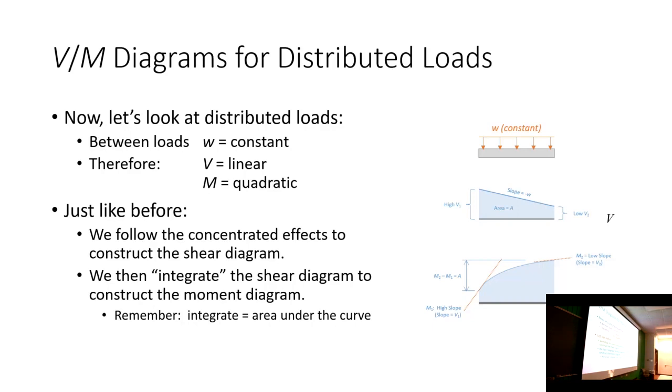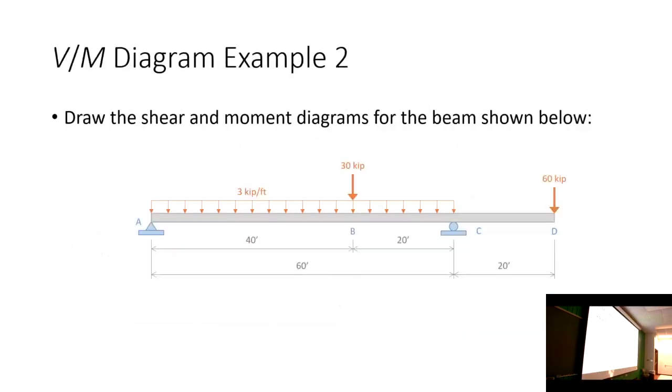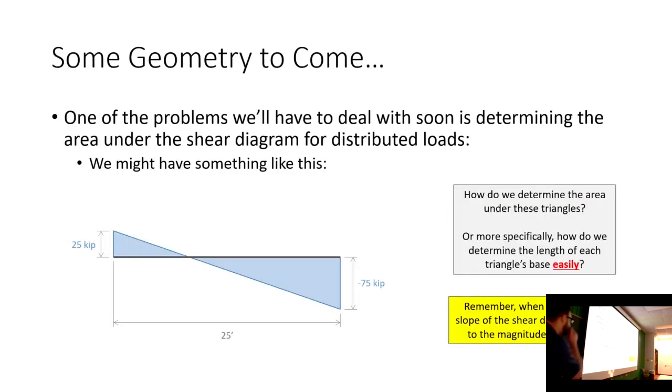All right. Now, I've got an example that we're going to do here in a second. This is going to be the example that we're going to spend the vast majority of lecture on. But before we do, I've got some geometry I want to look at. One of the things I found when I teach this topic is that what I just said about linear shear diagrams and quadratic moment diagrams, those ideas aren't that hard to wrap your head around.